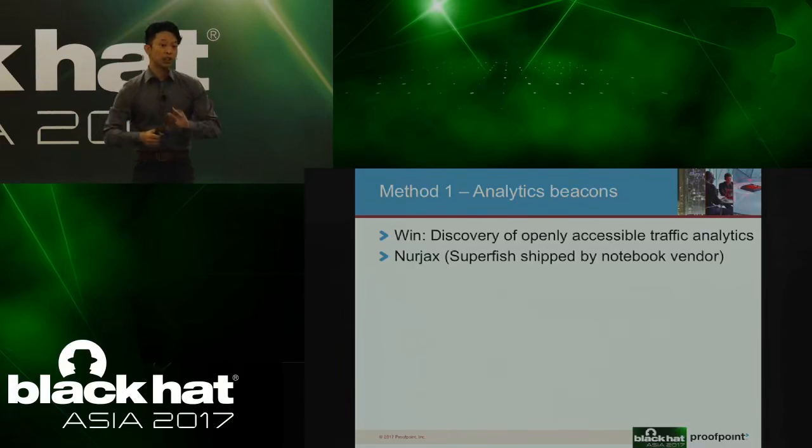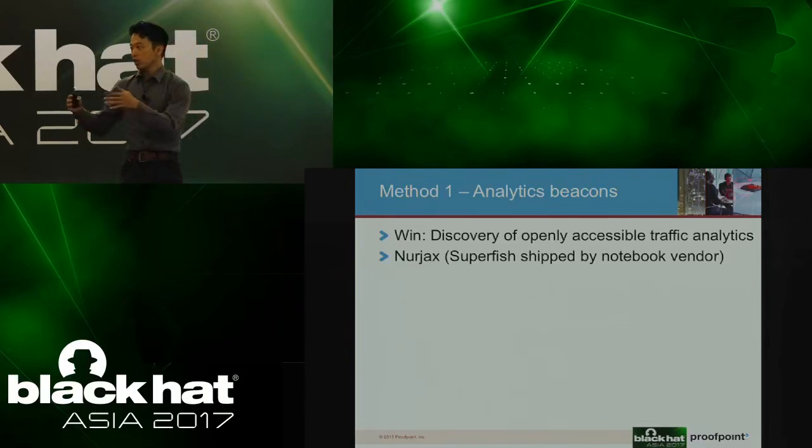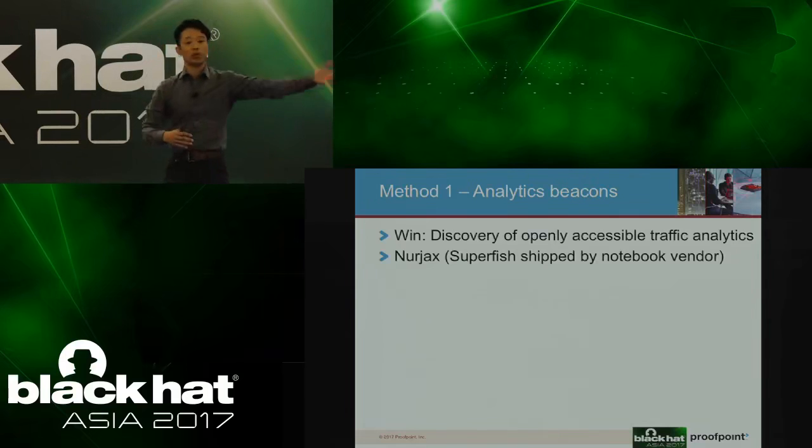At the same time, sometimes they will also push out a beacon to a public analytics service because these actors do not want to maintain and run their own analytics server, so they're using something like Google Analytics to just keep track and analyze their victims.